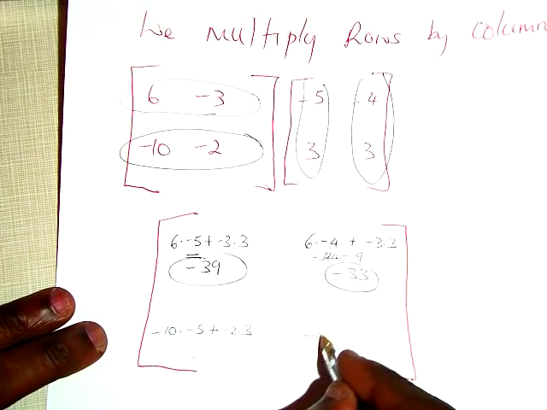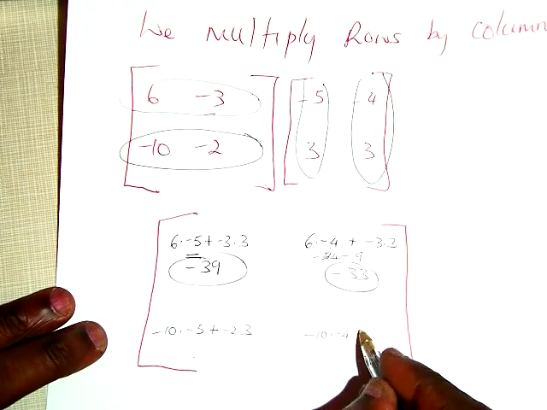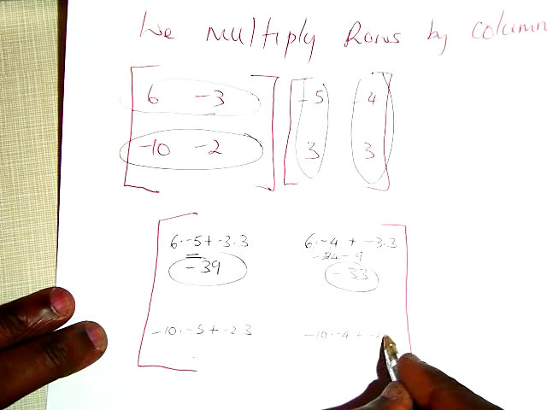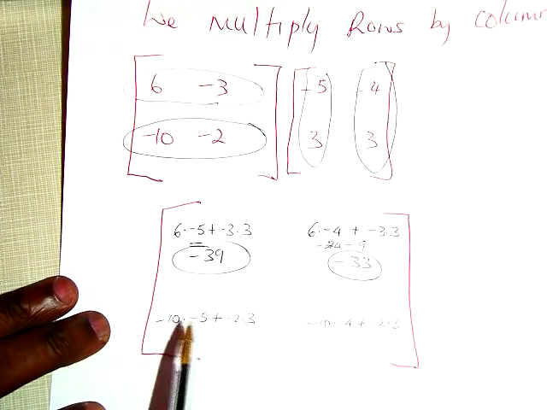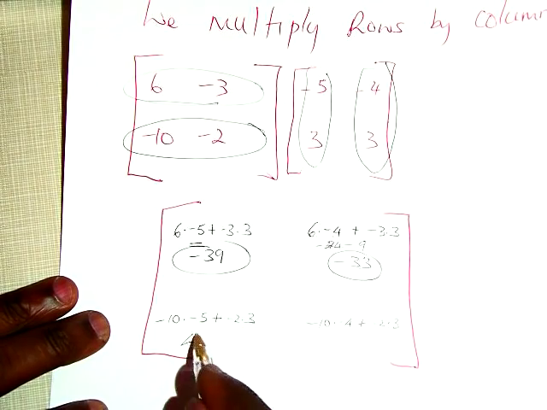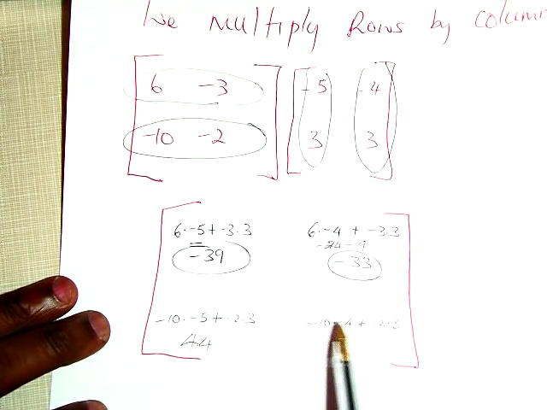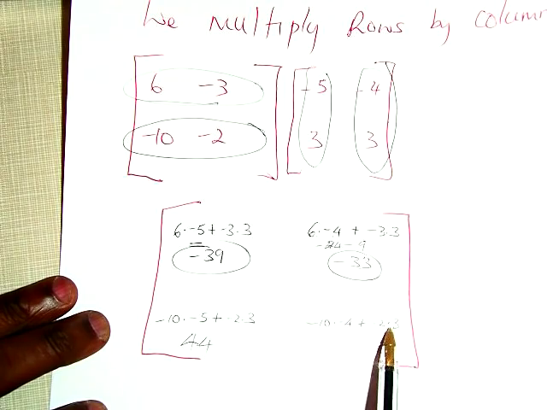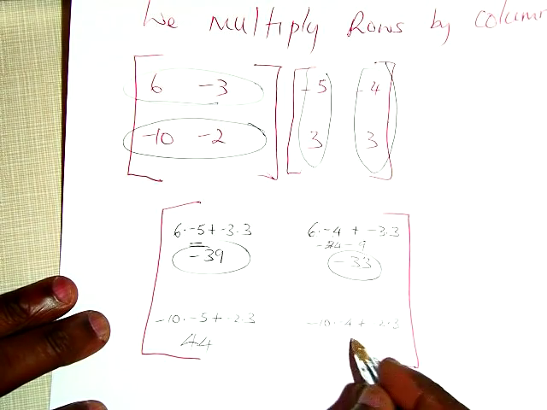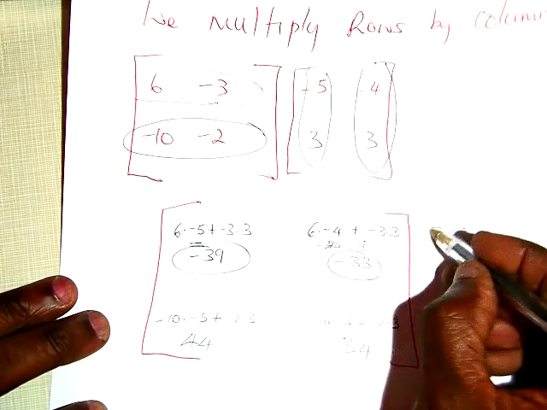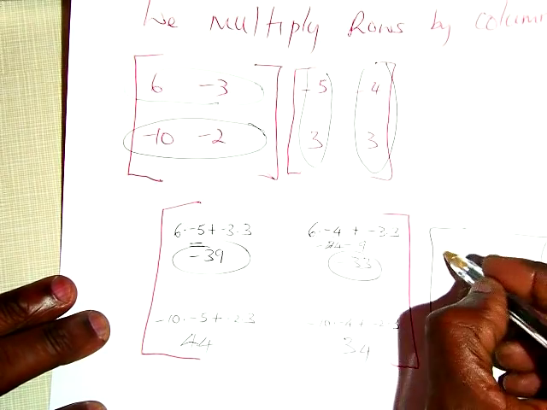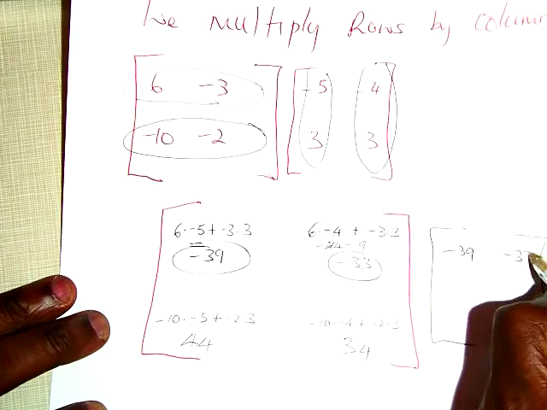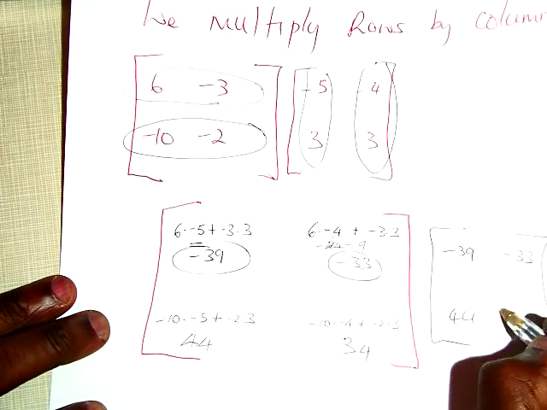So I'm going to do -10 times -4 plus -2 times 3, and the answer is going to go here. Let's simplify this. This is what? 50 minus 6. That's 44. And this is what? 40 minus 6, which is 34. So my resulting answer is -39, -33, 44, 34.